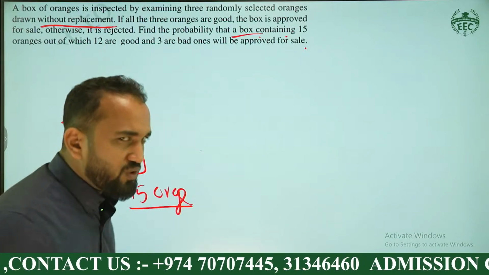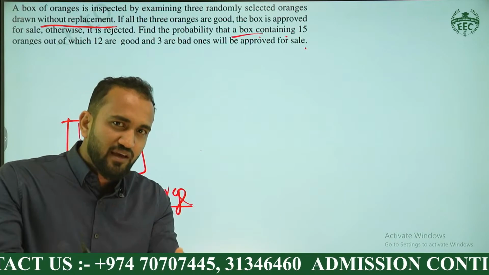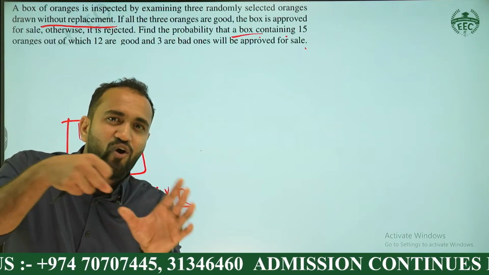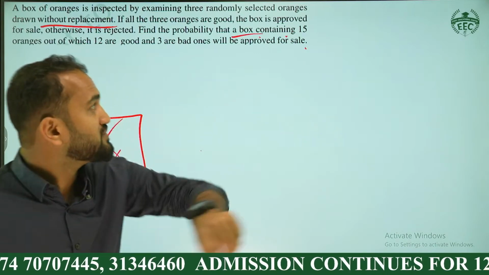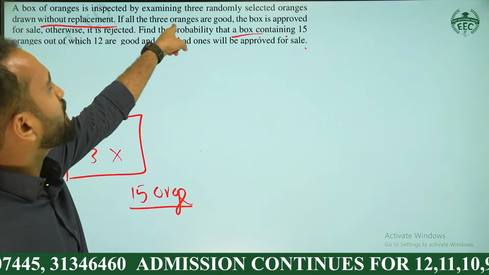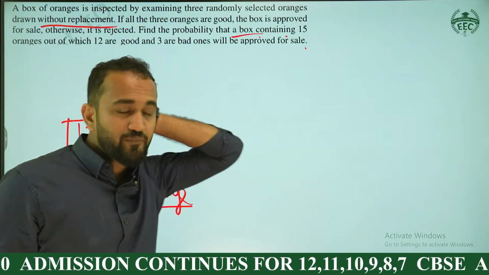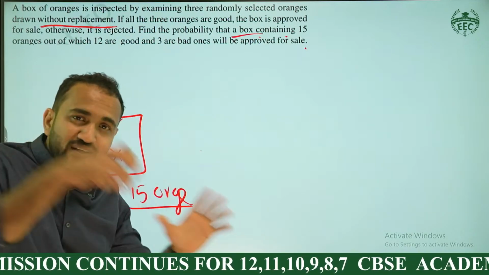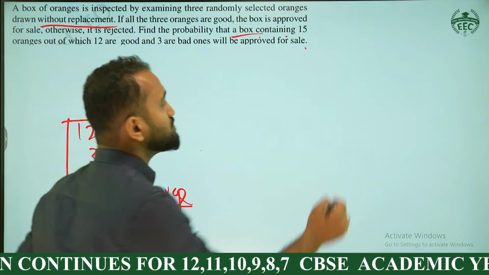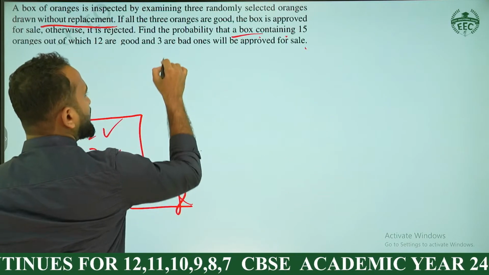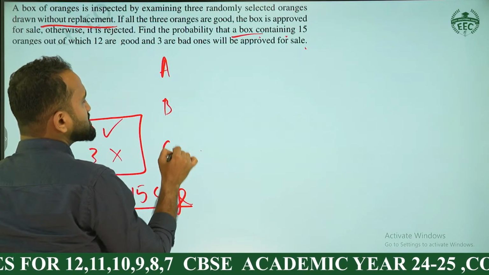People tell me, in order to approve a box for sale, all the 3 selected oranges are supposed to be good, right? Because if all the 3 oranges are good, then the box is approved for sale. It is a mandatory condition. Okay, so how many oranges are you selecting? 3. Therefore, I am supposed to define 3 events. What are they? Event A, event B, event C.